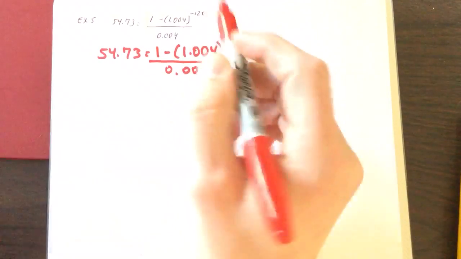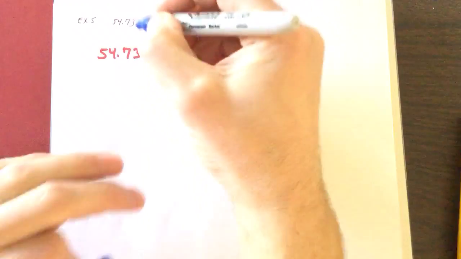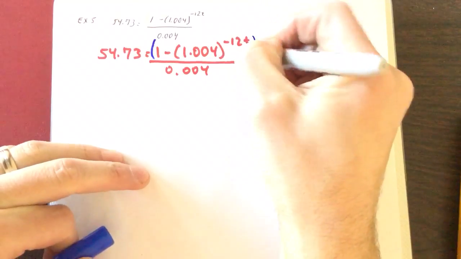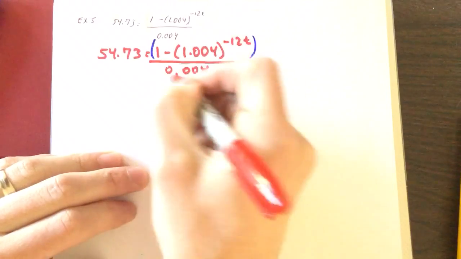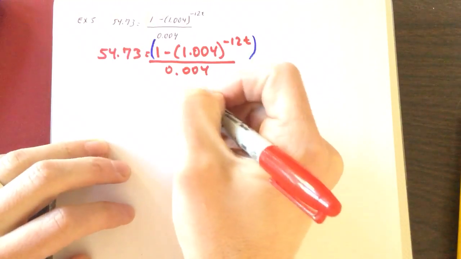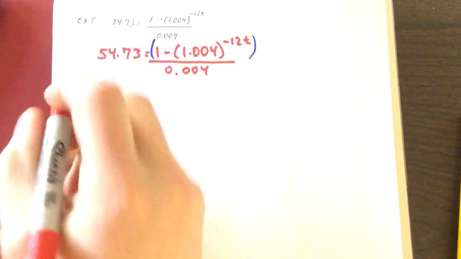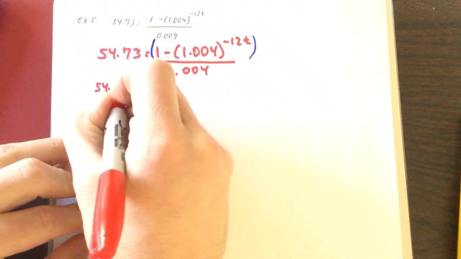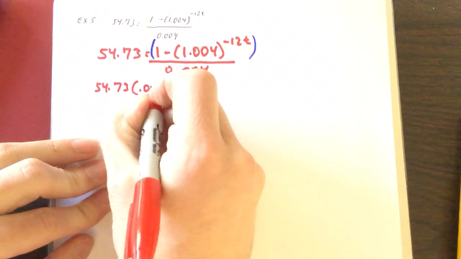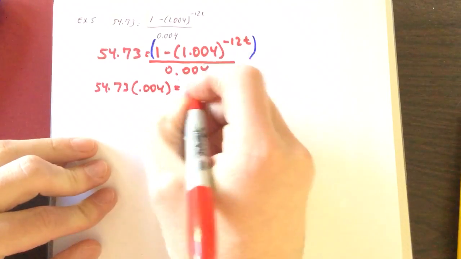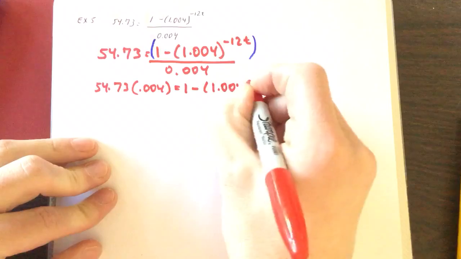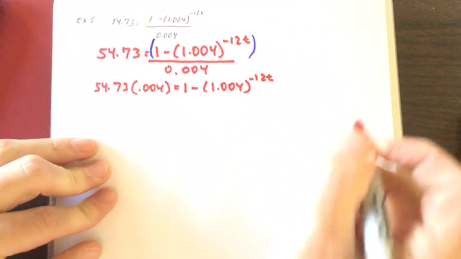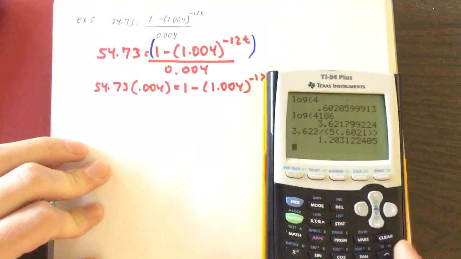When we've got division, that serves as like bracketing, so there's the entire top, the numerator, divided by 0.004. We're dividing by 0.004, we'll multiply by 0.004. So I've got 54.73 multiplied by 0.004 gets us 1 minus 1.004 to the negative 12t.